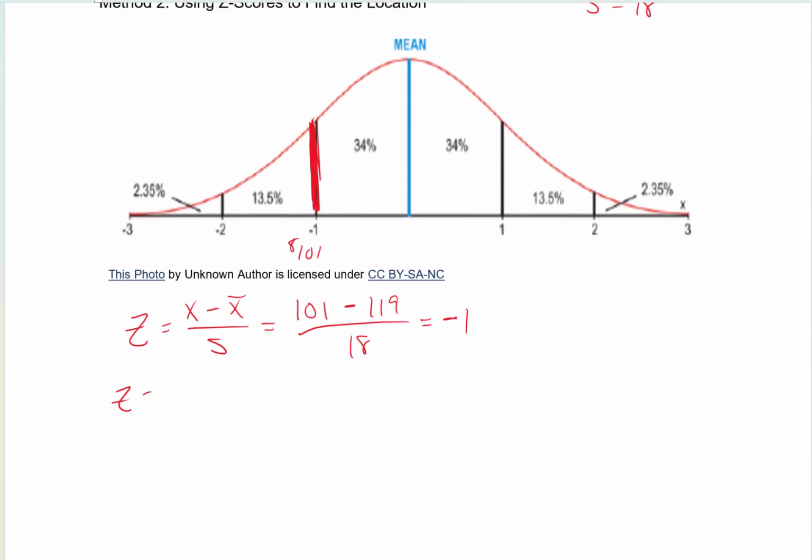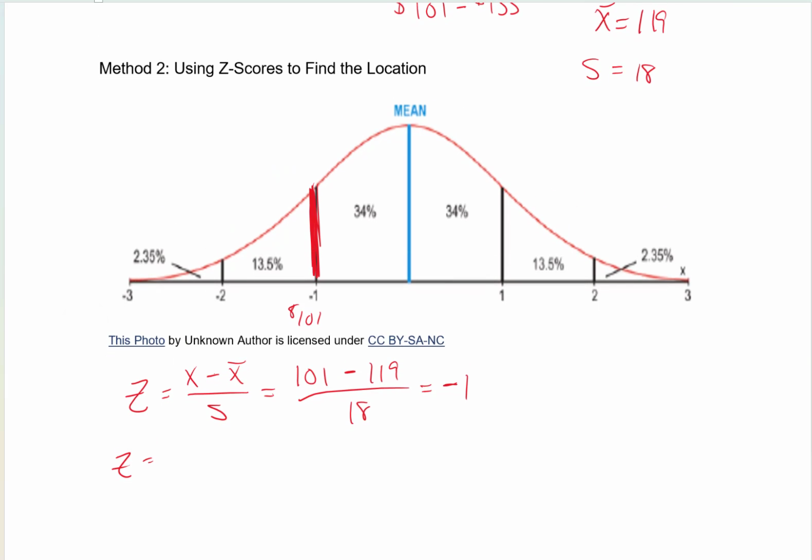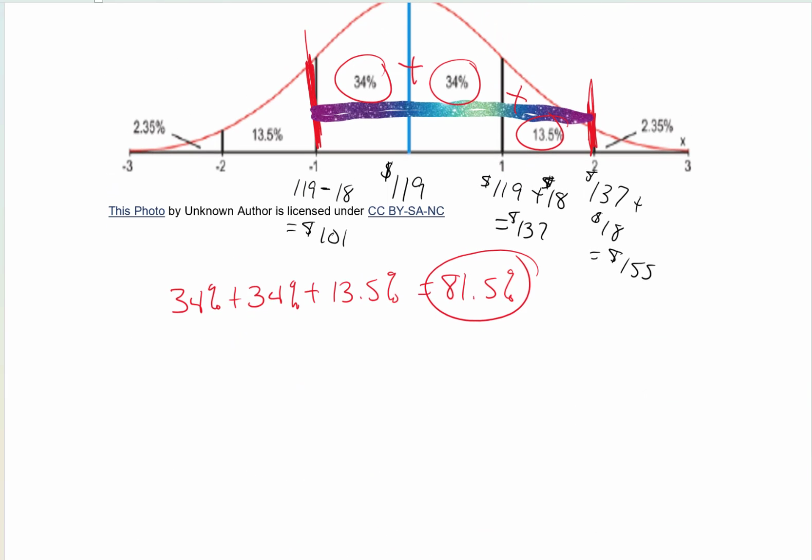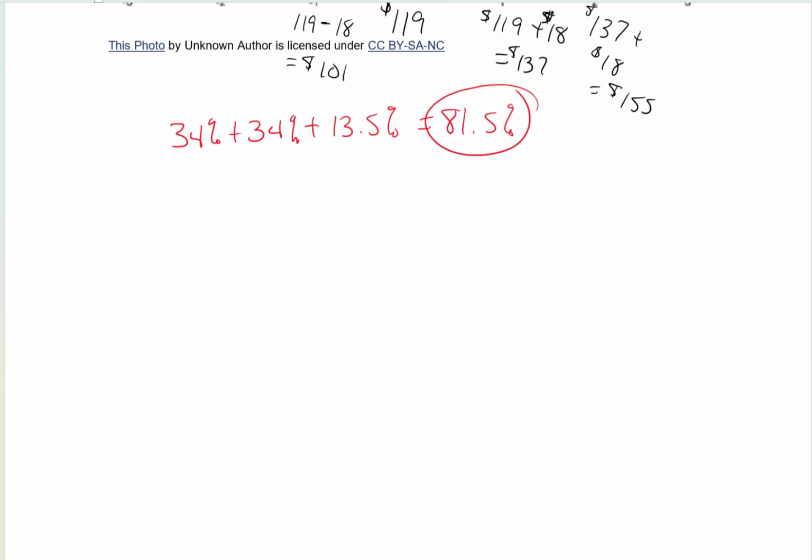Similarly, I do the same thing for the other x value: $155 minus $119, divided by the $18 standard deviation. I do that calculation and get a z-score of 2. The positive 2 indicates I'm 2 standard deviations above the mean, which again is the same value that we got when we filled in the ruler on our normal distribution.